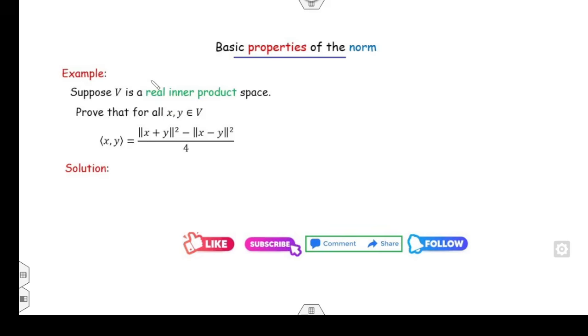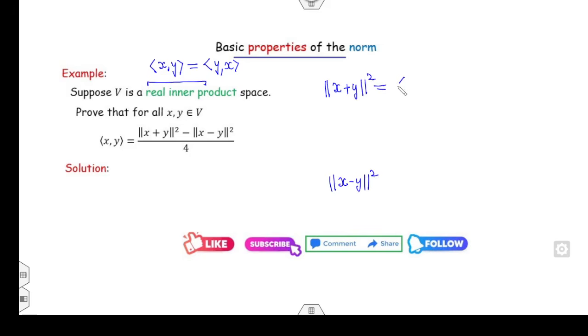Look at another one. V is a real inner product space. That means x, y is the same as y, x. Fine. So our target is to start from norm of x minus y square.